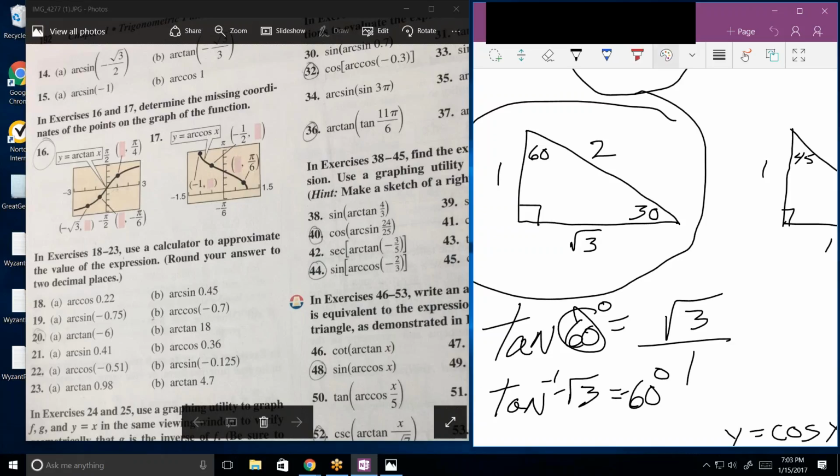The cosine of 30 is √3/2. Therefore the inverse cosine of √3/2 is 30. So what goes into that pink there is √3/2. And √3 divided by 2 is about 0.7, which is where they have it.